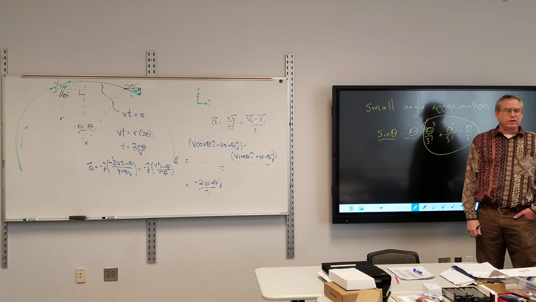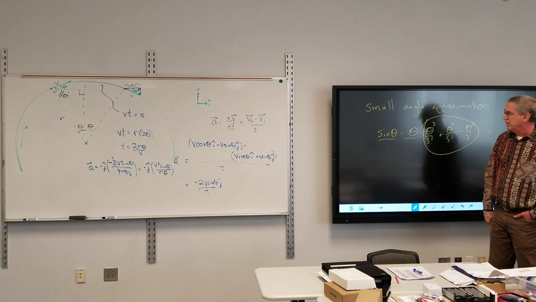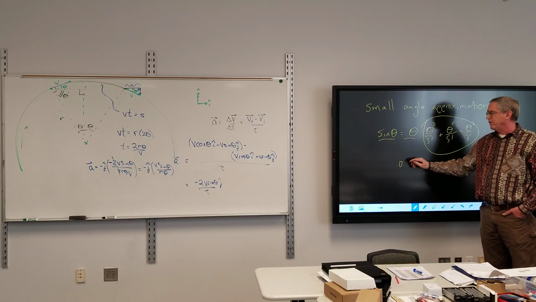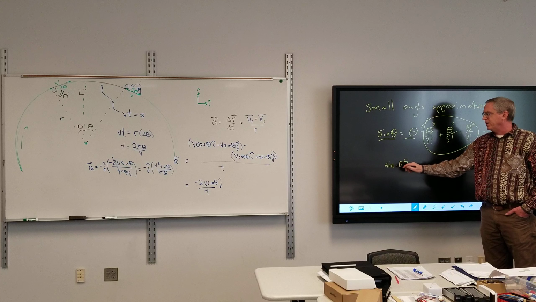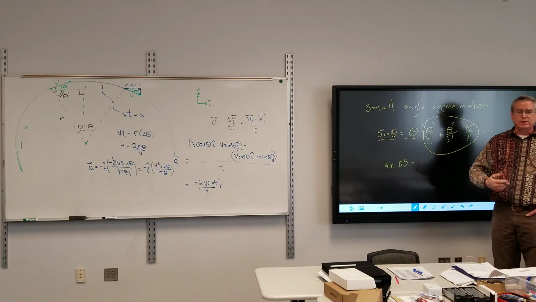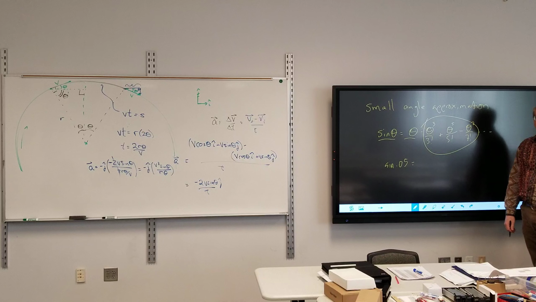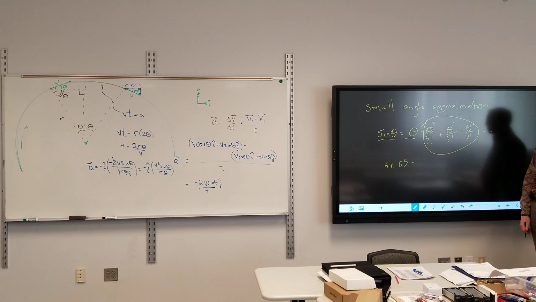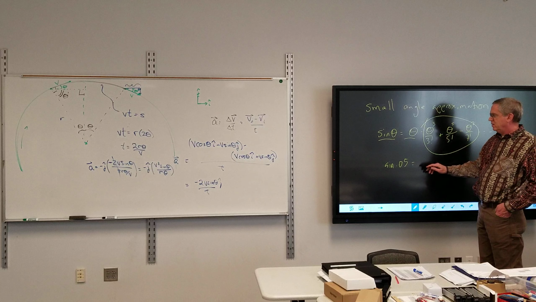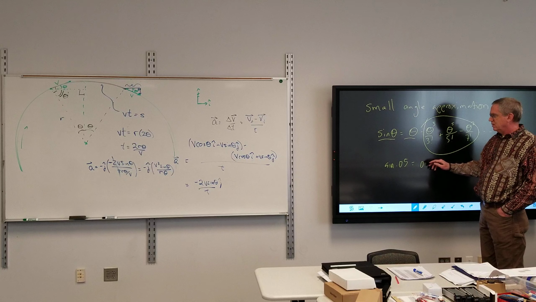You can try it on your calculator, again with theta in radians. If you take 0.05, the sine of 0.05 should be somewhere around 0.05. And I believe Robin's about to tell me if this is true or not. What is it? It's 0.48.